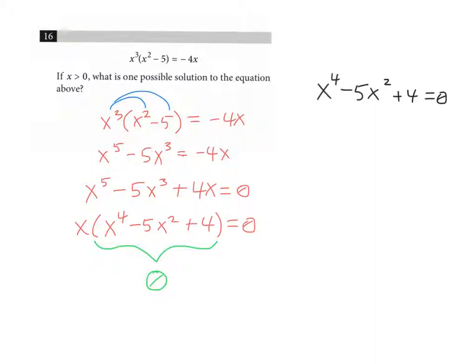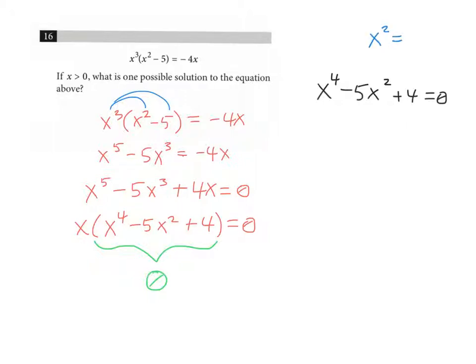Now, whenever I see this pattern of a leading exponent of 4 and the middle exponent is half of that, and they're both even, I can replace the middle variable with, I like to use z myself. So this is a decent strategy.